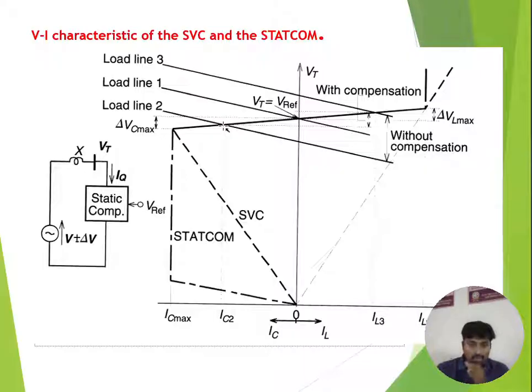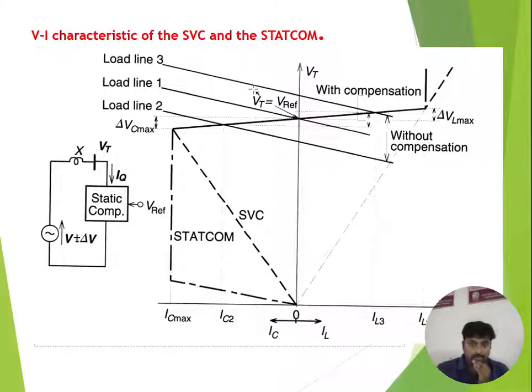That means load line 2 is always below the terminal voltage. That's why capacitive current is required to compensate. You can see clearly that IC2 current is required to be injected in the transmission line to compensate this low voltage. Automatically the voltage increases here.